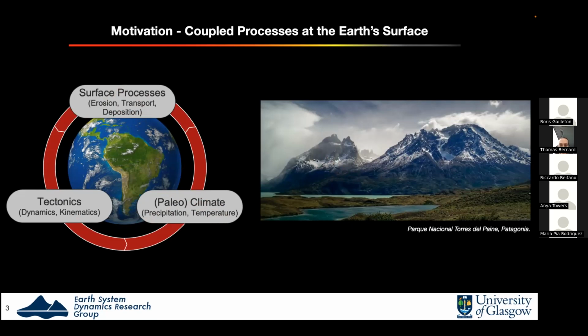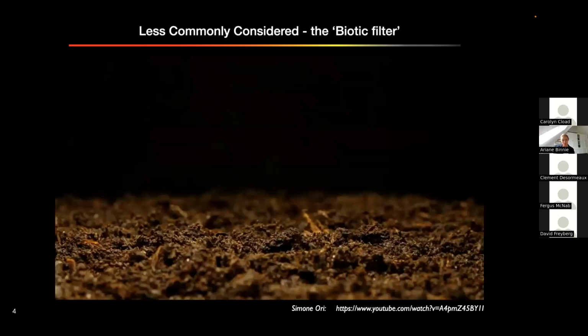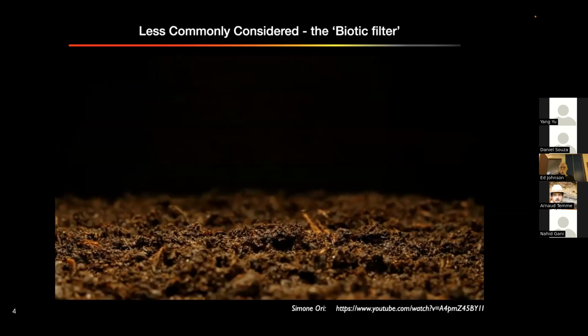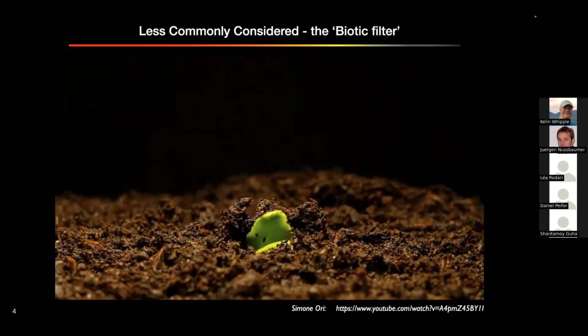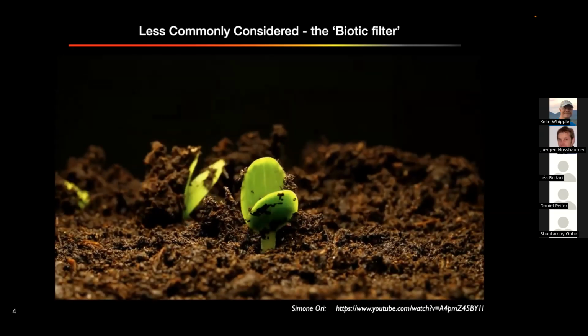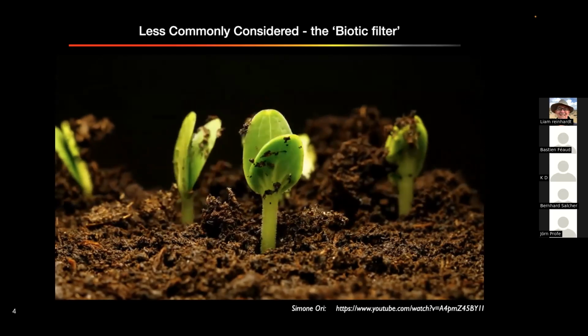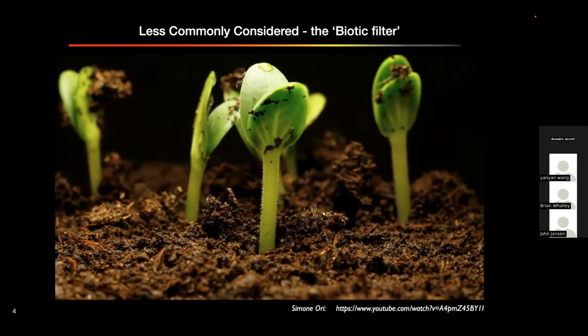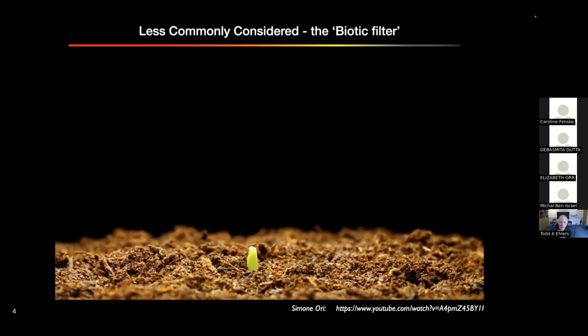However, more recently, what we've started to get interested in as a community are these biologic components. And when you look at a small plant, in this case a Rhapsodopsis growing here, there are tremendous amounts of things going on, both physically and chemically.